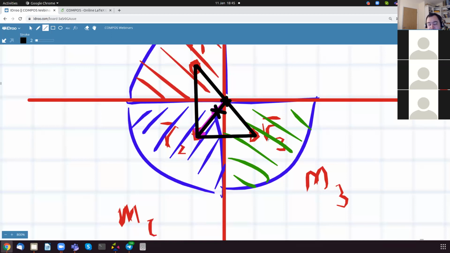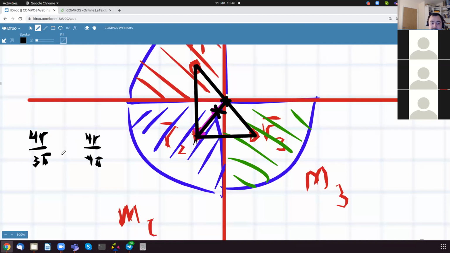So it's actually as if you had a triangle with 3 equal masses at the vertices, and you needed to find the position of the center of mass. And the position of the center of mass is 1/3 of the way, because this is 4r over 3 pi, and this is 4r over 9 pi, which is 3 times shorter.